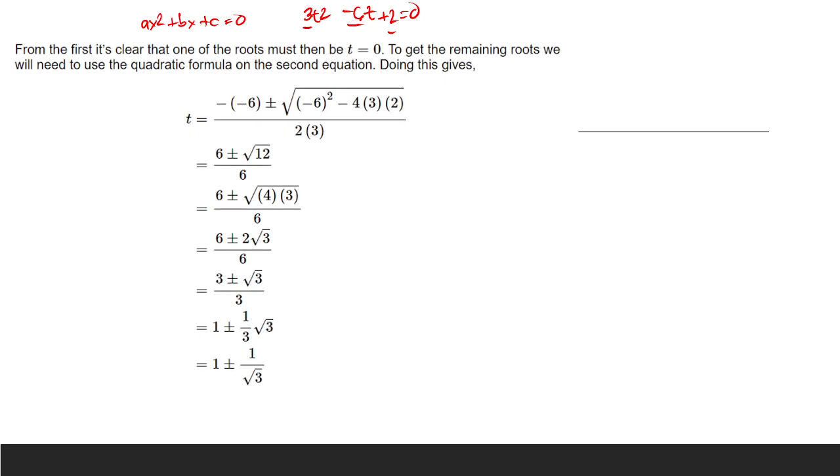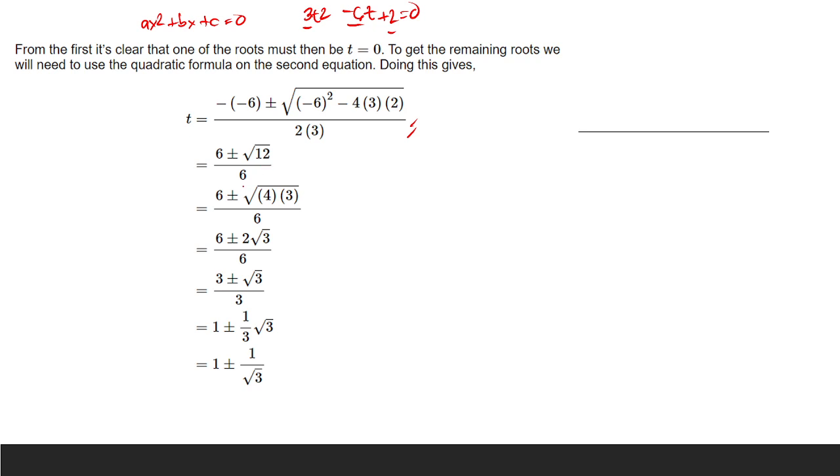Now, we substitute that to our quadratic formula, and we will arrive at this expression. So, that is negative 6, this is our b, plus minus square root of b squared, that's negative 6 squared, minus 4ac, that's 3, yung a, and then 2 yung c natin, over 2a. So, that's 2 times 3. We simplify this, we will arrive at 6 plus minus square root of 12 over 6. So, we can further simplify this.